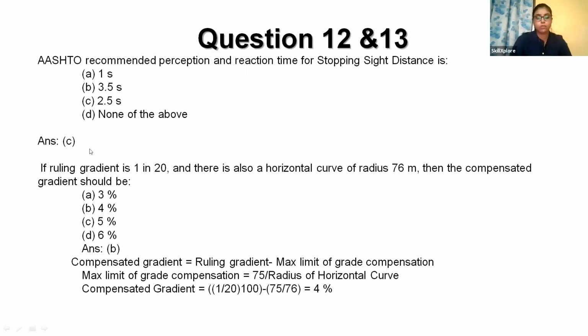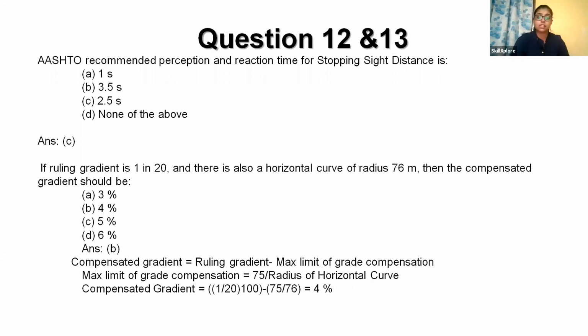Next is the problem for ruling gradient. If the ruling gradient is 1 in 20 and there is also a horizontal curve of radius 76 meters, then the compensated gradient should be. So first we have to know the formula for compensated gradient. Compensated gradient is equal to ruling gradient minus maximum limit of grade compensation.